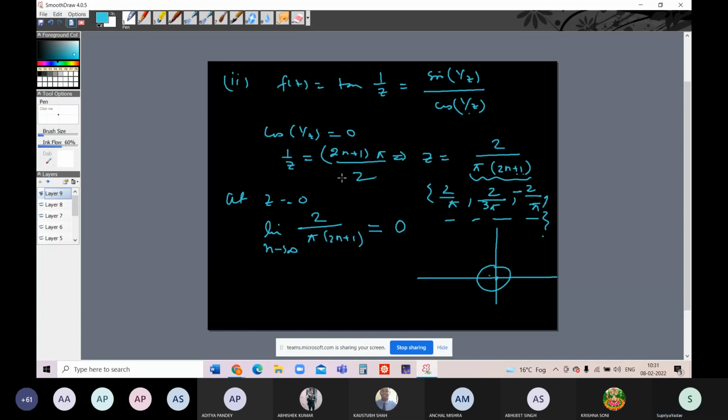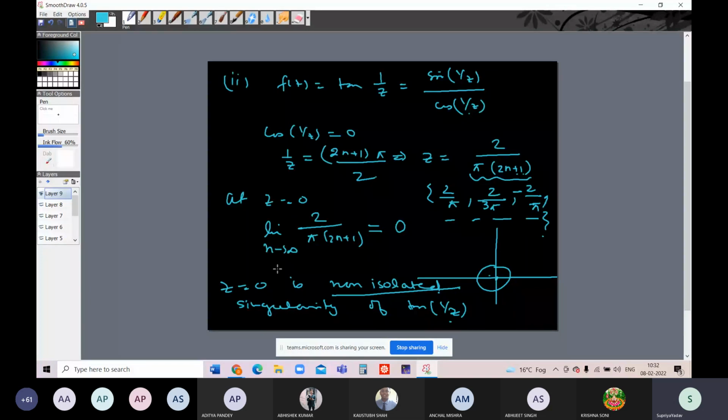It means that z is equal to 0 is a non-isolated singularity of this function tan 1 by z. All the other singularities are isolated singularities, but this z is equal to 0, where the function is not defined, is a singular point for this function, but it is a non-isolated singularity because we are not getting a single neighborhood around this point where it is the only singularity of that function. Okay.